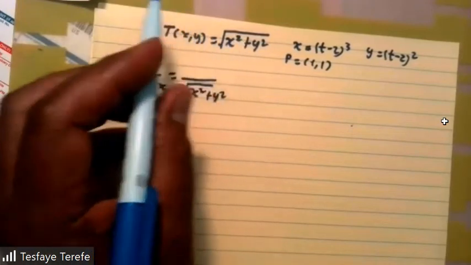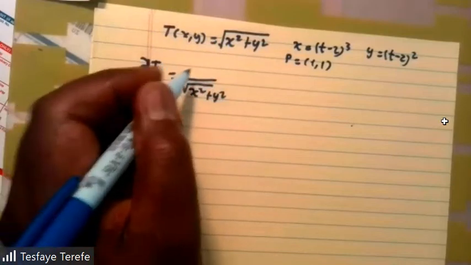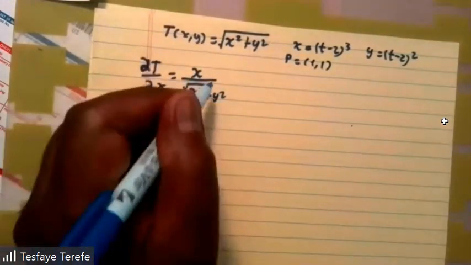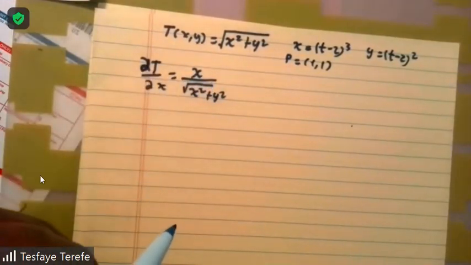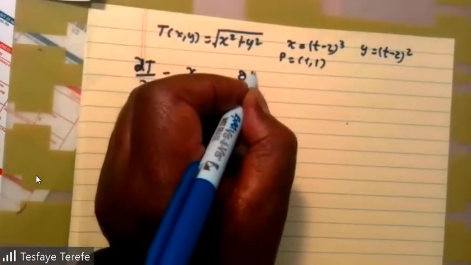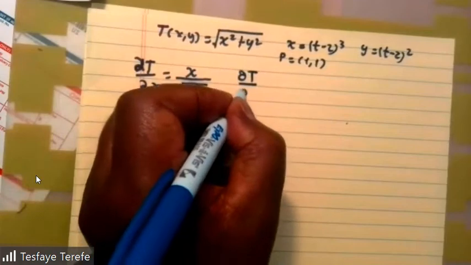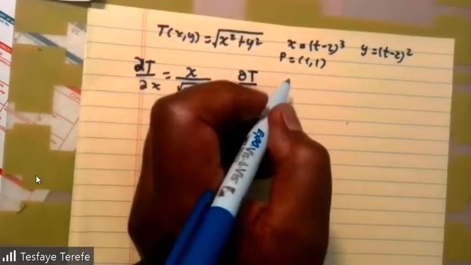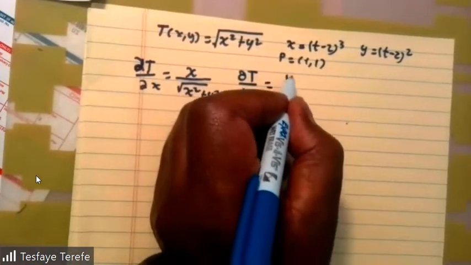And the derivative of the inner is twice of this, so 2 by 2 will be cancelled, simply x. Is it clear, guys? Yes. All right. Then the partial derivative of the temperature with respect to the position y is going to be the same by similar token.